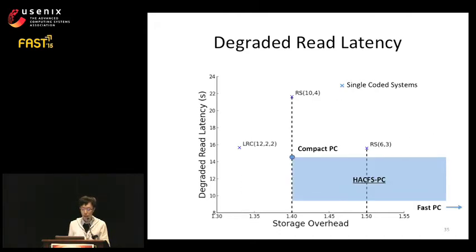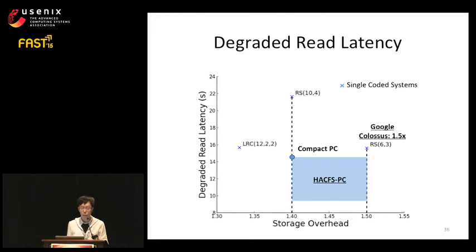Then we put in the HACFS implementation with product codes. The compact code has a similar storage overhead to the Facebook implementation, and the fast code spans to the bottom right side of this rectangle. We use 1.5x as the storage bound, which is also the storage overhead provided by Google Colossus.